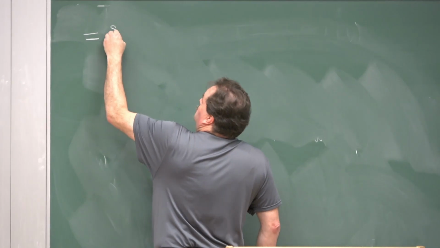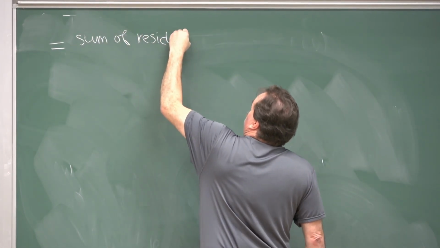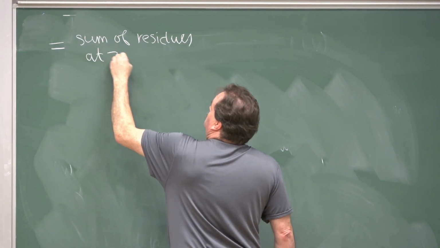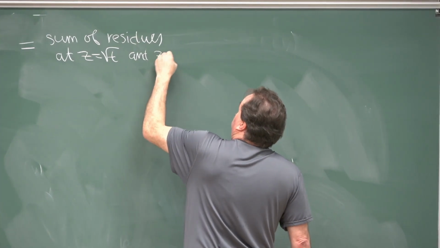So this is a sum of residues at z is square root t and z is negative square root t.